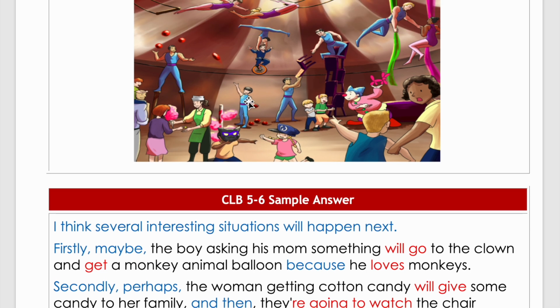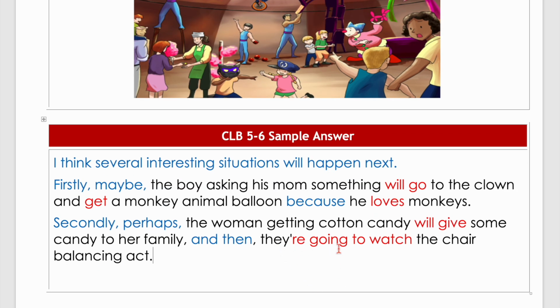So again, we made a connection in the picture. Here they are. They're going to go here. Now, notice here I said they're going to watch. We can say they're going to watch, or we can say will. For predictions, maybe it's better to use will, but for this question, we want to say for sure they're going to go watch the chair balancing act, okay?